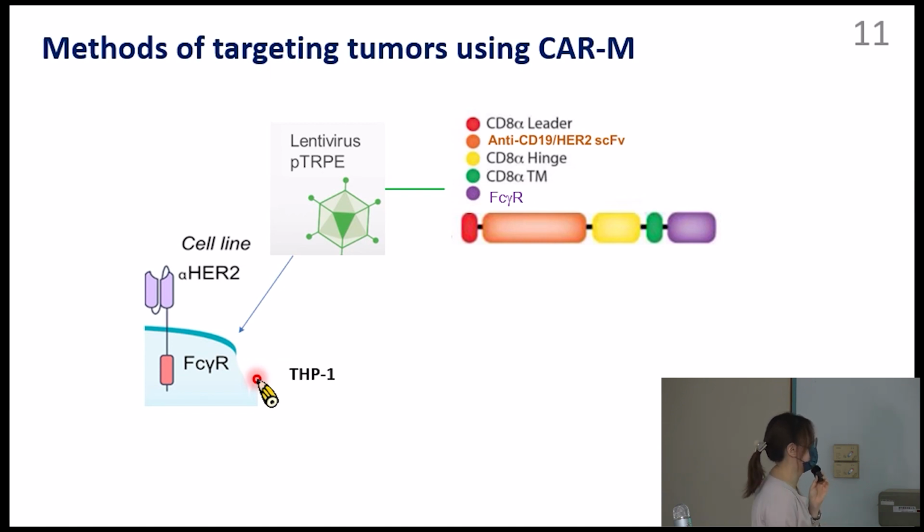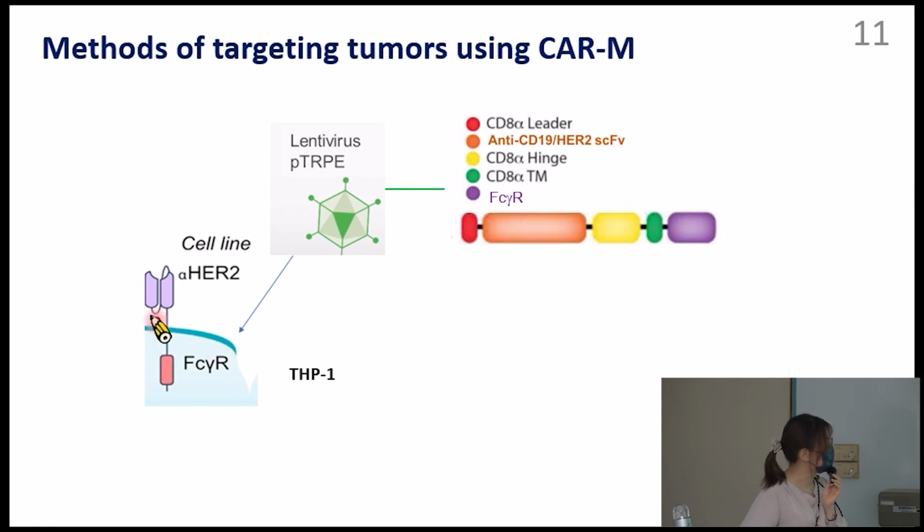So at first, they just tried the human macrophage cell line. This is the diagram showing the CAR receptor expressed in THP1.